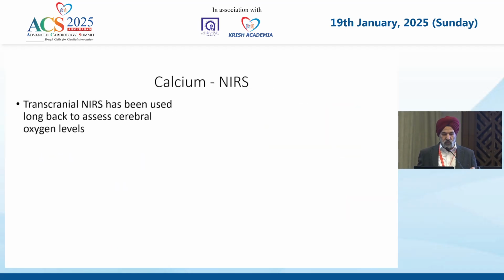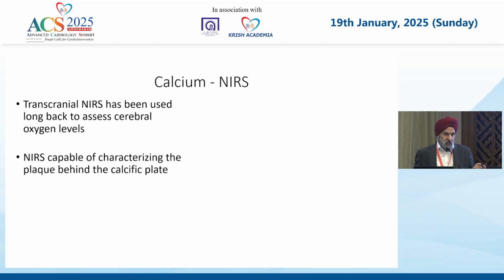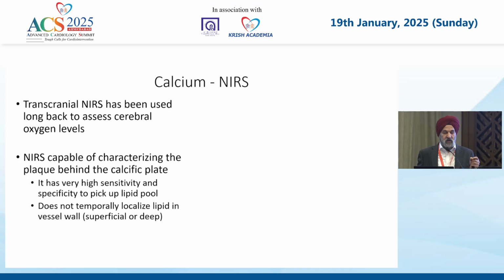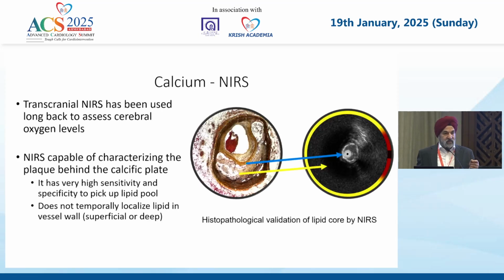By composition, what I mean is that, I must give you the background. The NIRS has been used transcranially in the past to measure the cerebral oxygen concentration. It has a very high sensitivity, specificity of picking up lipid. And this is a histological confirmation of that.